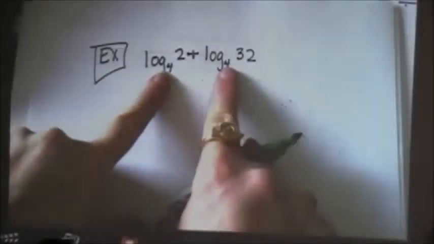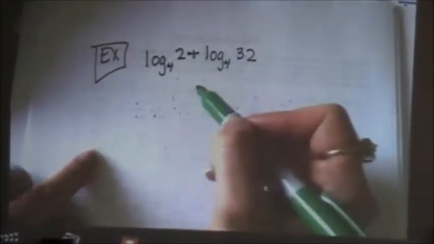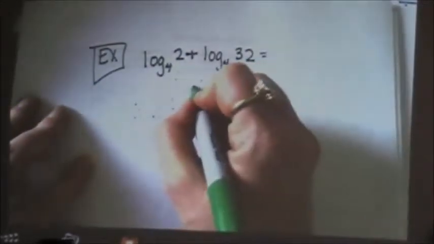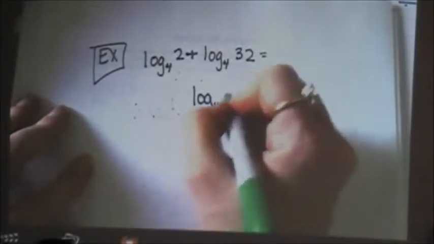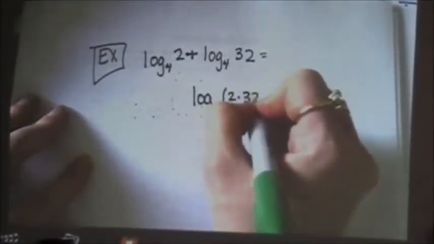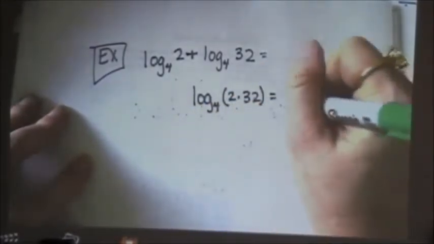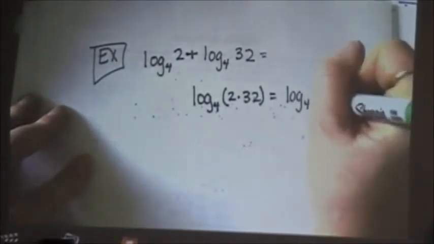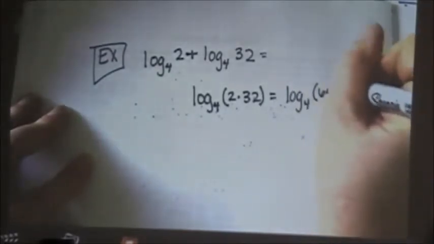Now, first of all, in order to condense, you must have like bases on your logarithms, which I do. These are both 4s. So now they are separated by addition, which means I'm going to put them all together into one logarithm with my product rule. So it's going to end up log base 4 of 2 times 32, which can be simplified to log base 4 of 64.